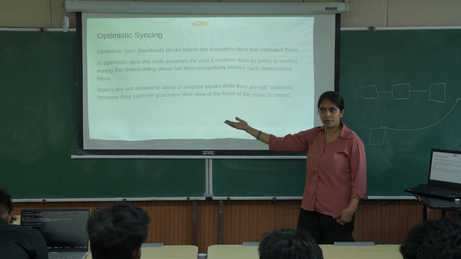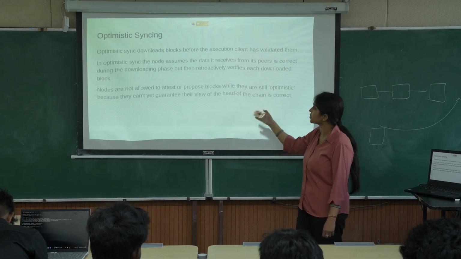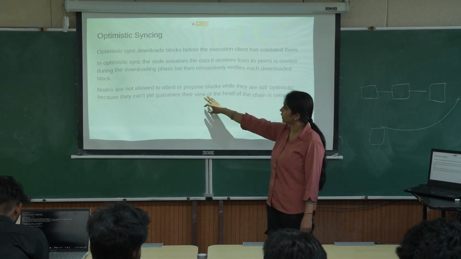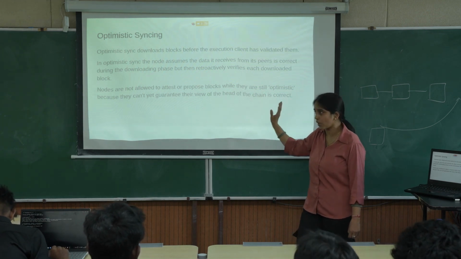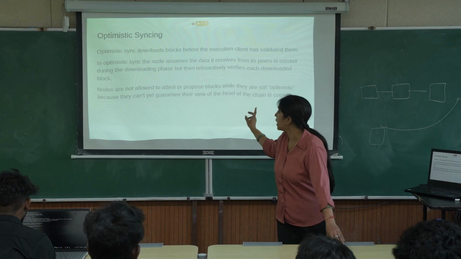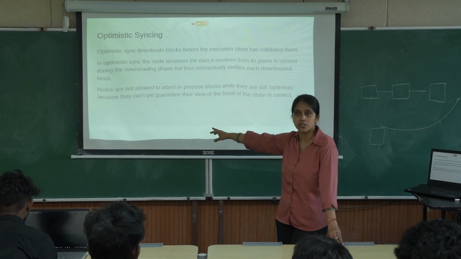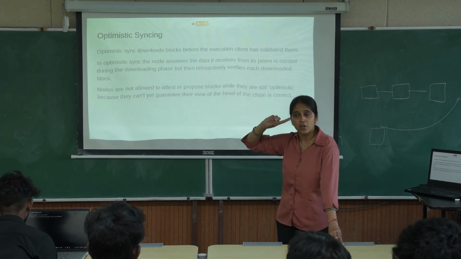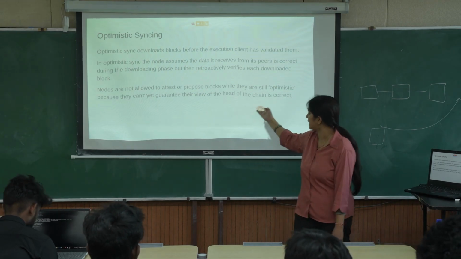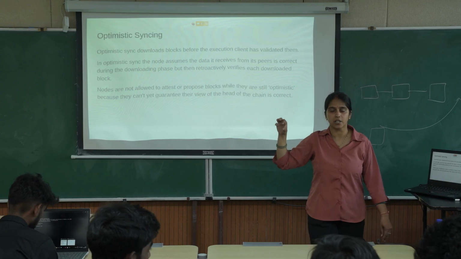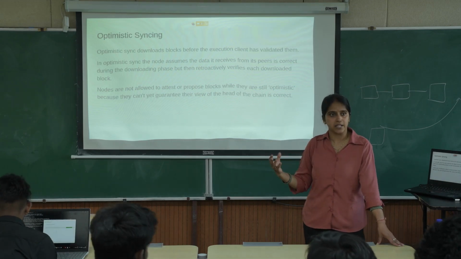It is being optimistic that everything is done correctly, and nodes are not allowed to attest or propose blocks without the approval of the consensus client, because they cannot guarantee that where they are syncing the chain from is correct.